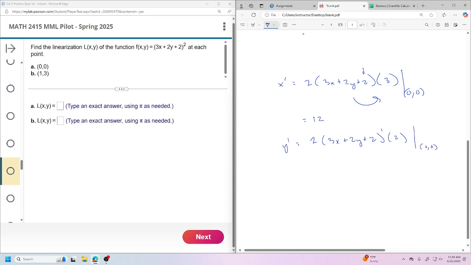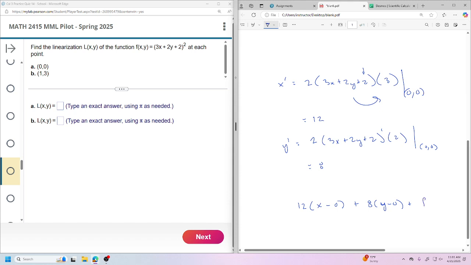Again, 0, 0. So that would be an 8 in this case. So these are kind of like my slopes. So I've got 12x plus 8y, and well, actually, I think that's the answer, but let me just verify what I'm going to do here. It's technically x minus 0 in this particular case. Don't you also have to add, oh, plus the original.